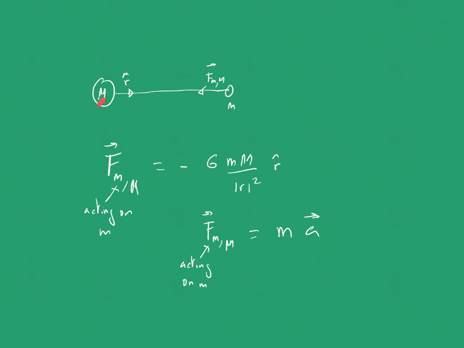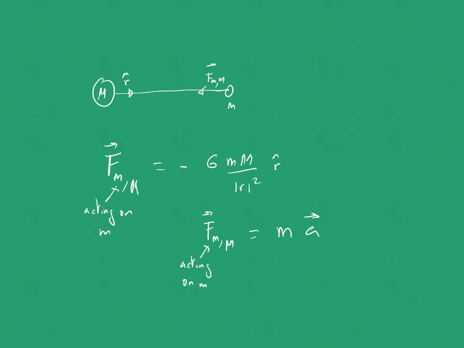When you have two masses, capital M and little m, there is a gravitational interaction between them due to the masses. The mass capital M is acting on little m, and the force acting on little m due to capital M is on the line connecting the two of them.